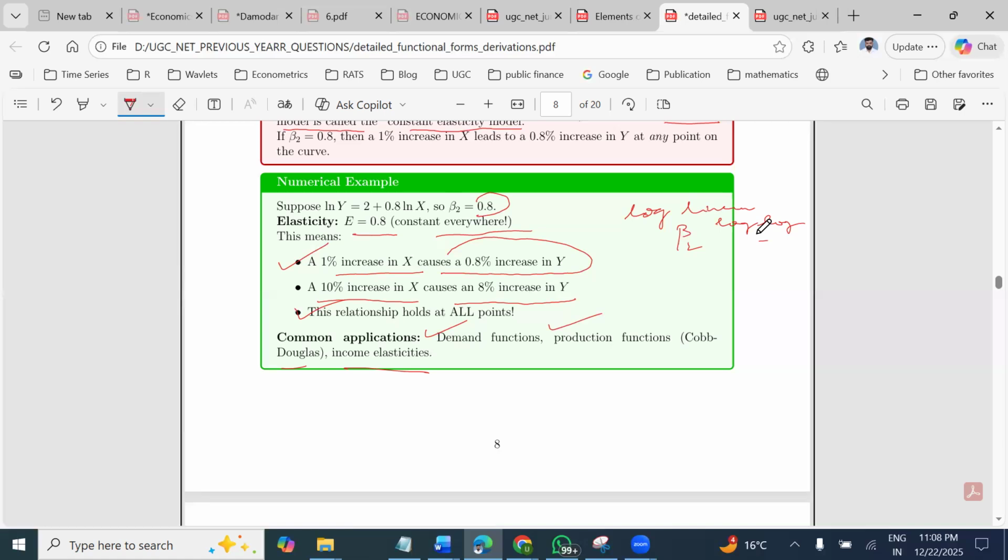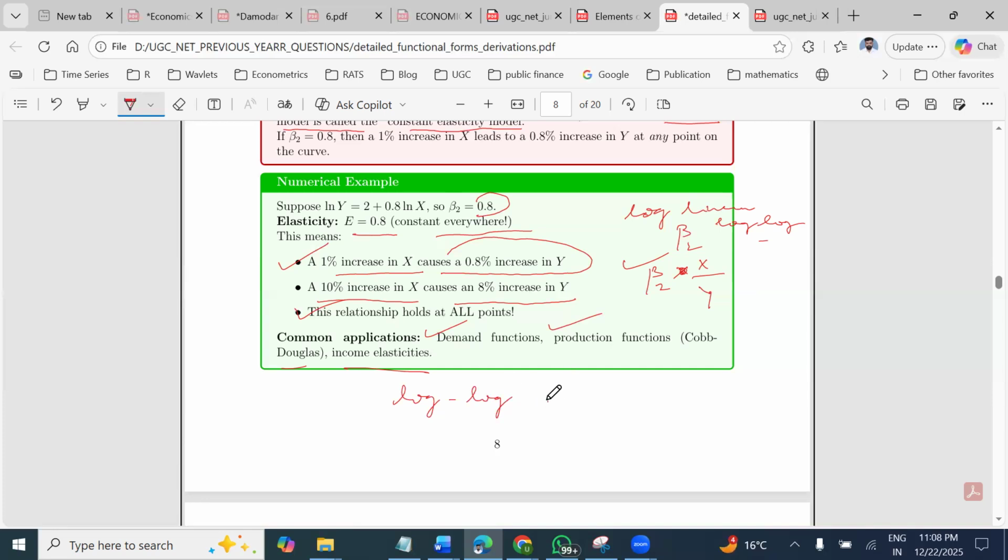Sangeeta, what is the elasticity for the linear model? Beta 2 into x upon y. What is the elasticity for the log linear model or log model?